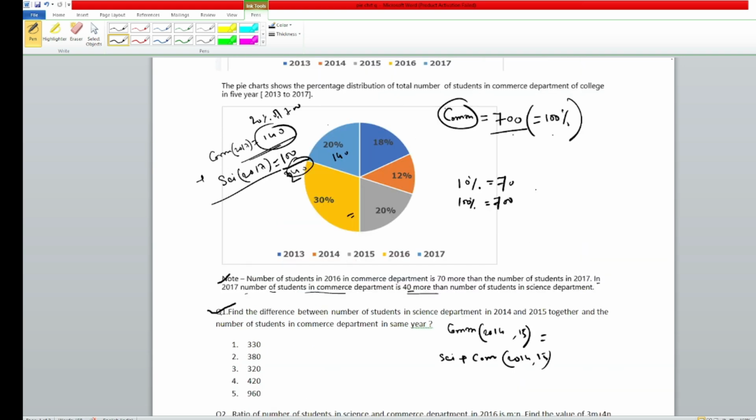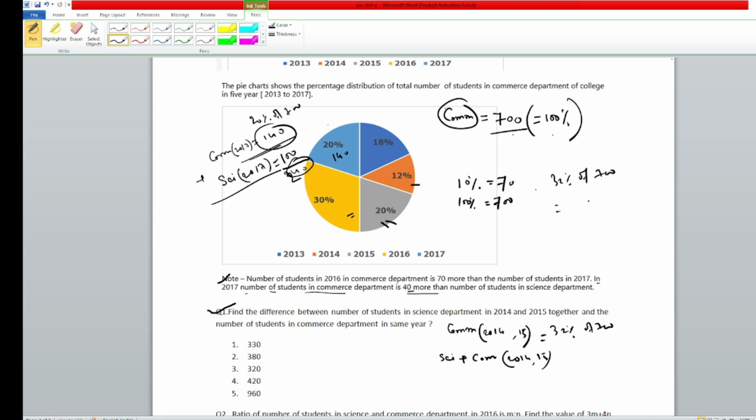The orange color represents 2014, and this color represents 2015. So combining these, it is 12 plus 20 is 32%. 32% of 700.